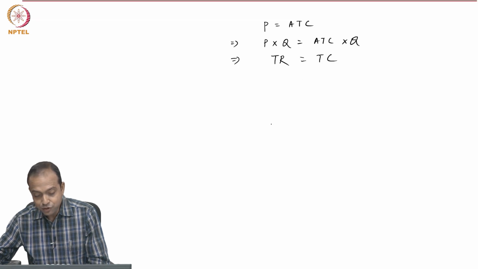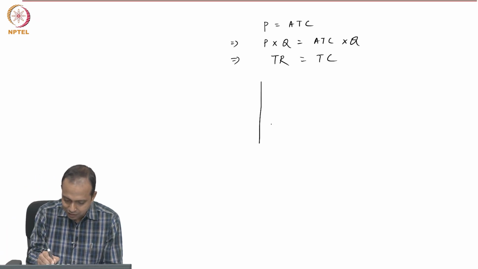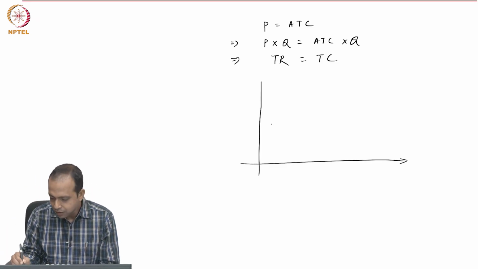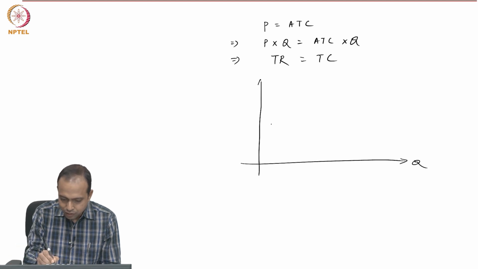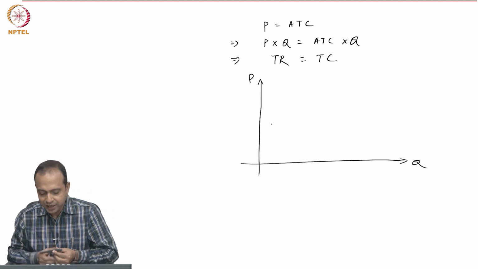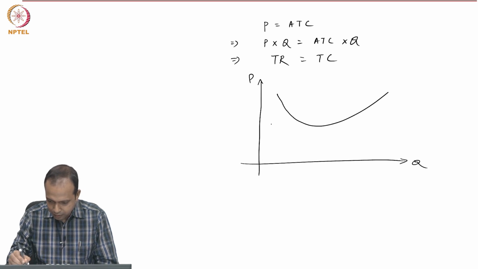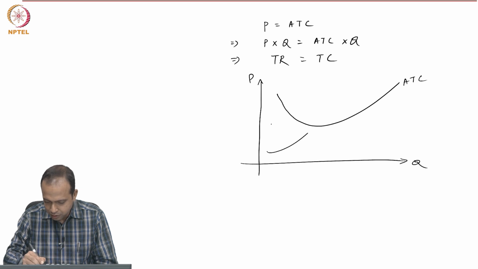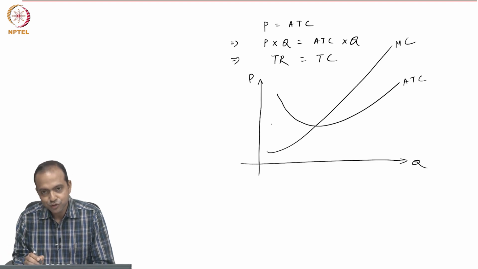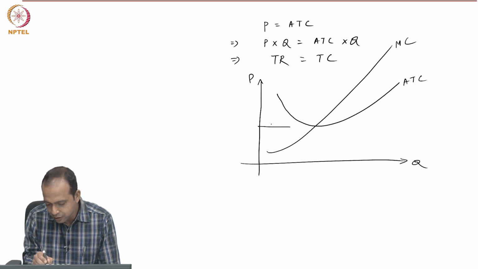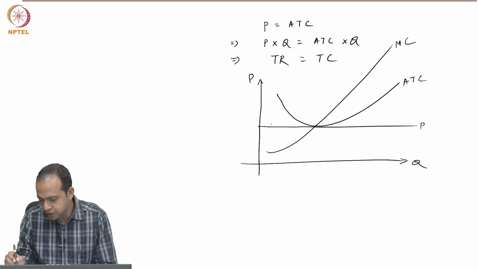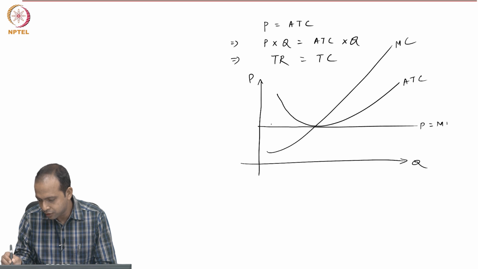So, in terms of diagram, then this is Q, this is P. Let us say that this is ATC, average total cost, this is let us say MC. So, in the long run, this is P equals to MR equals to AR.